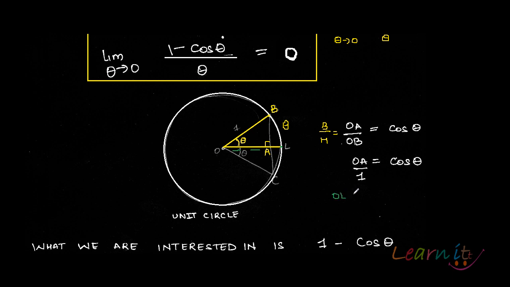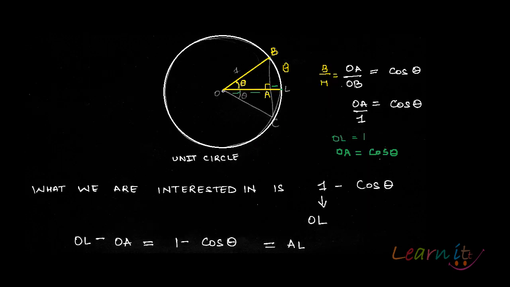So OL is equal to 1 and OA equals cos theta. So this small length AL, the difference between OL and OA, will be 1 minus cos theta, which is AL.